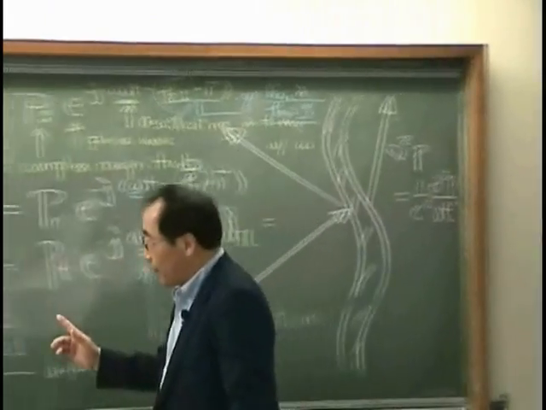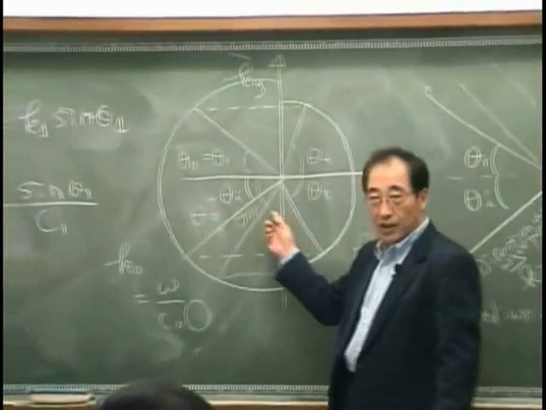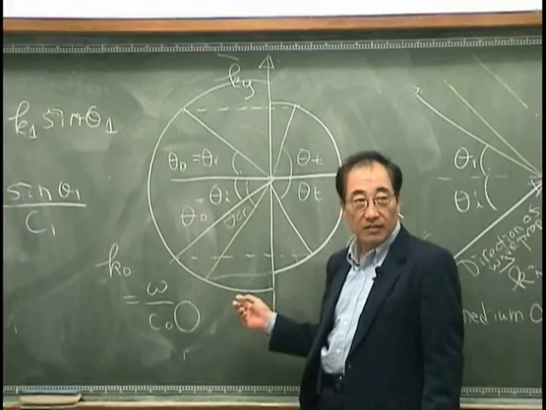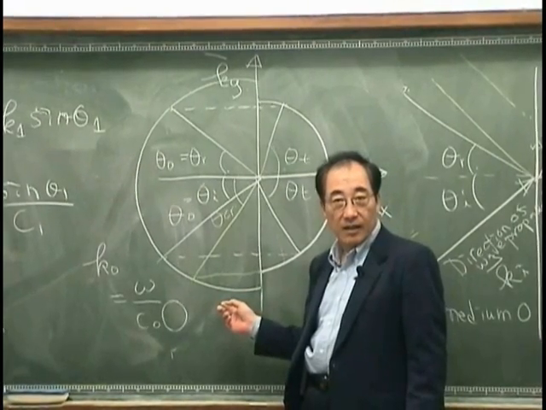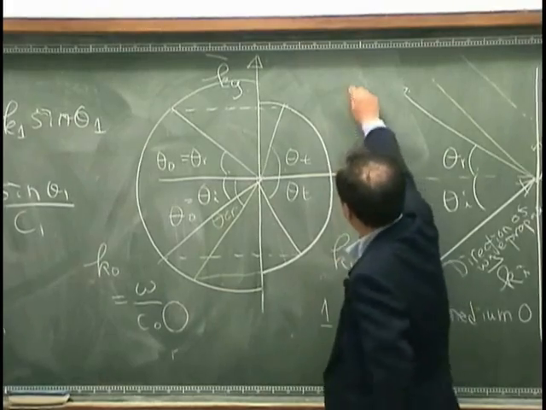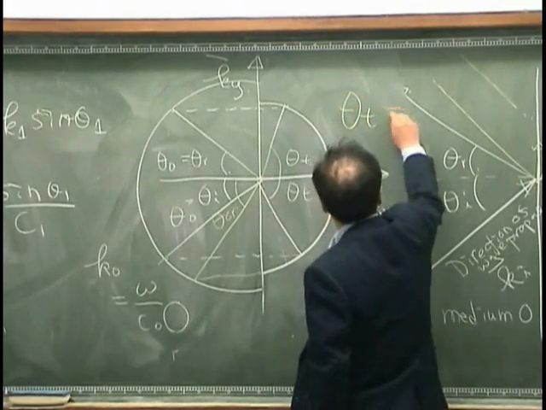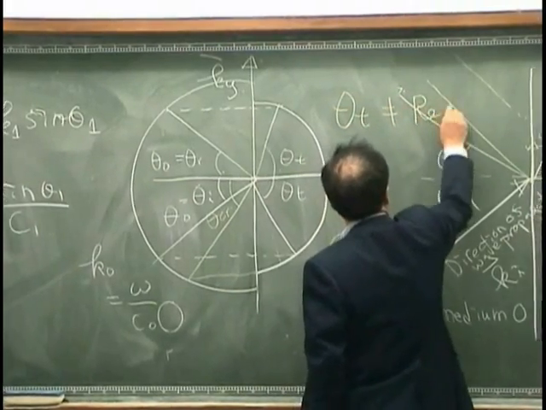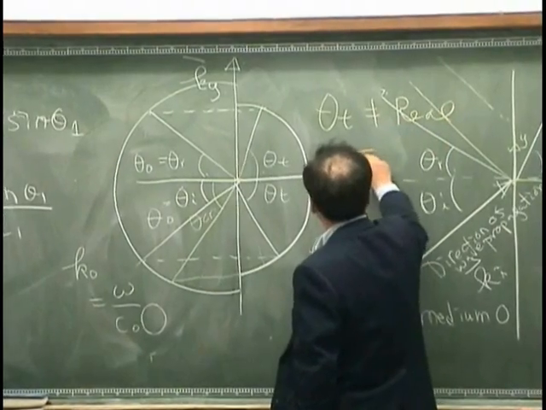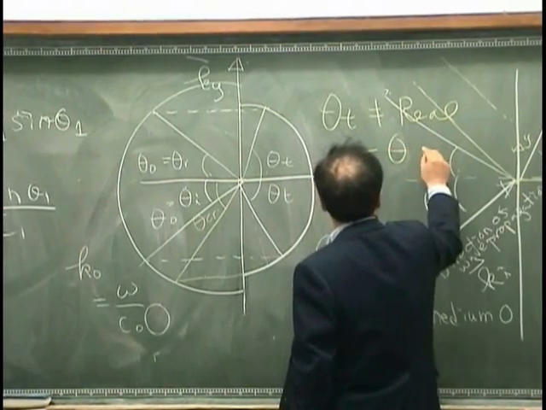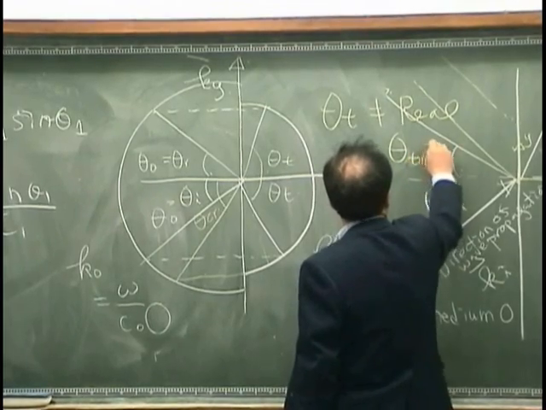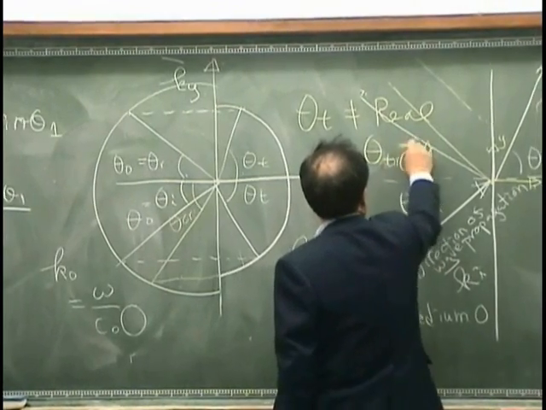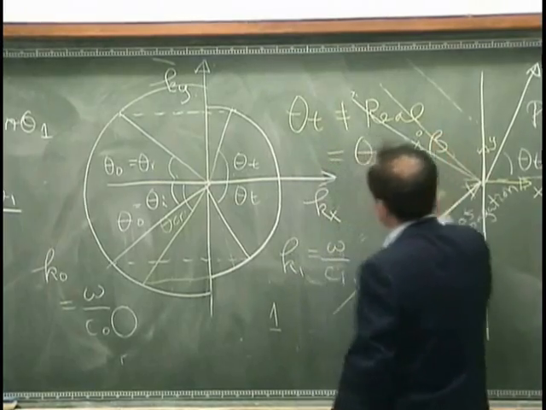But what if theta r is bigger than theta critical? Then theta t cannot be only real, but theta t has to be written as theta t real plus, in fact, minus j beta.